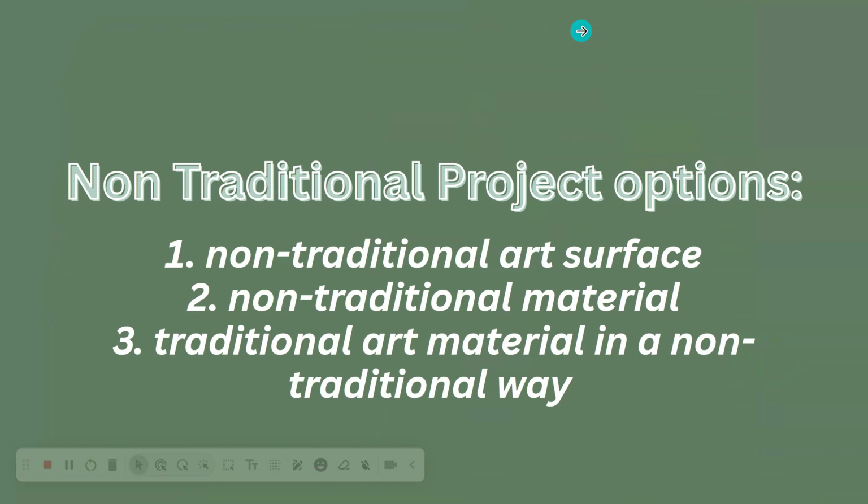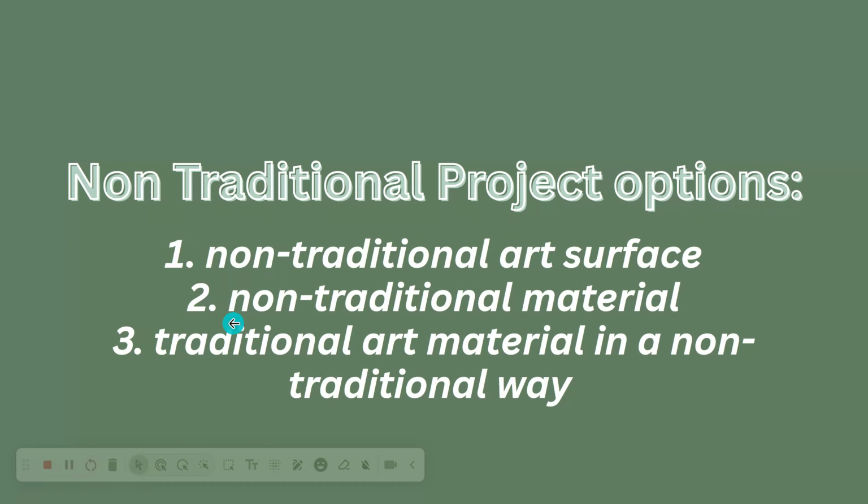Now, for your project, you have 3 options. You could either A, or in this case 1, a non-traditional art surface. So you could use any non-traditional art surface. For instance, my painting professor who painted on soup cans, that soup can is a non-traditional surface. So that's your first option.